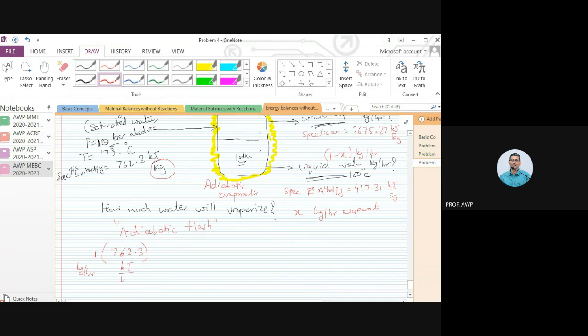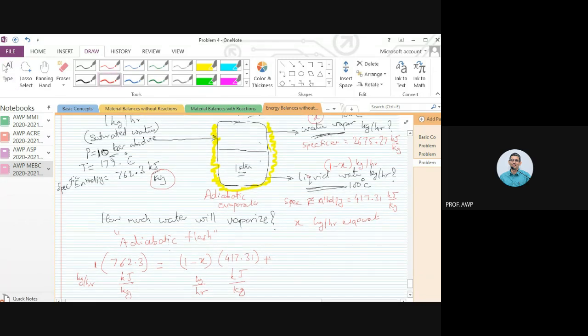Enthalpy coming in must be equal to enthalpy going out: 1 minus x multiplied by 417.31 kilojoules per kg, plus enthalpy going out from the vaporized water, x kg per hour multiplied by 2675.27 kilojoules per kg.